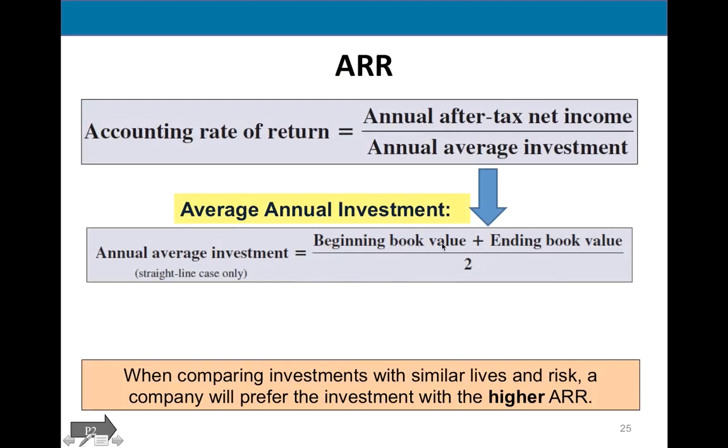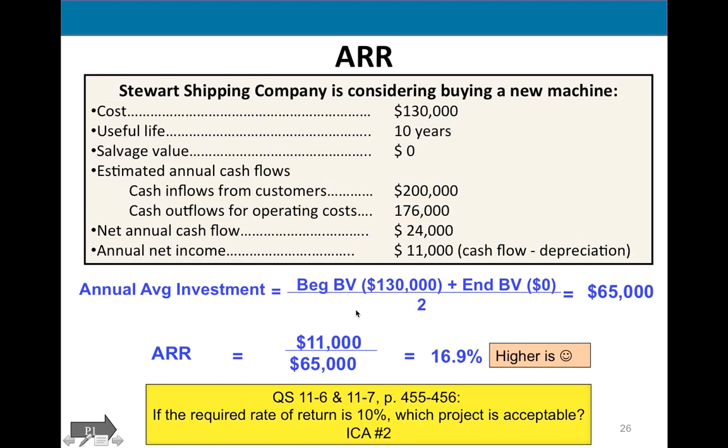If salvage value is 0, then ending book value is 0. So it's pretty much beginning book value, which is 130,000, divided by 2. So this is my average annual investment, and so the percent is 16.9.